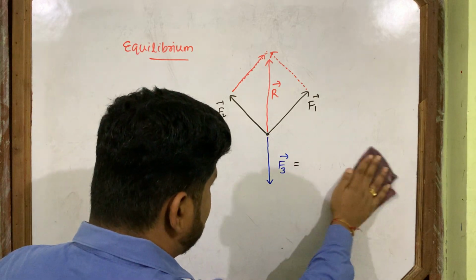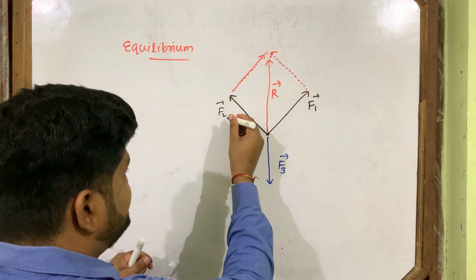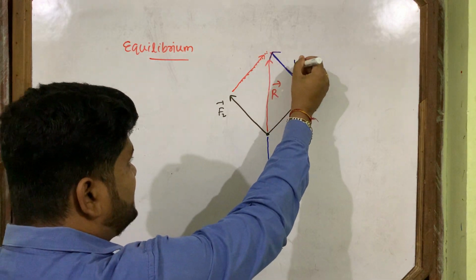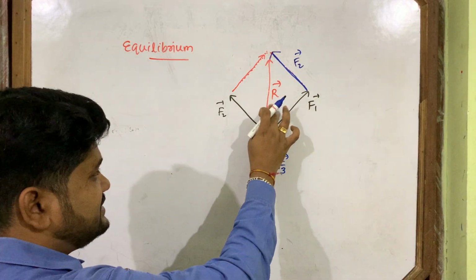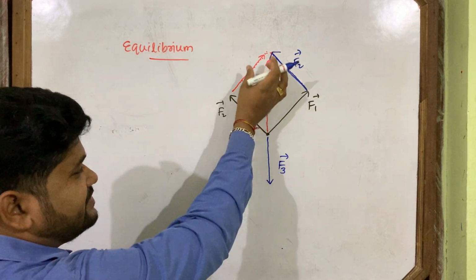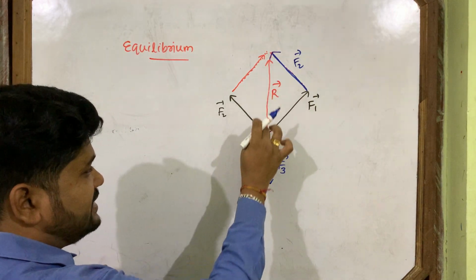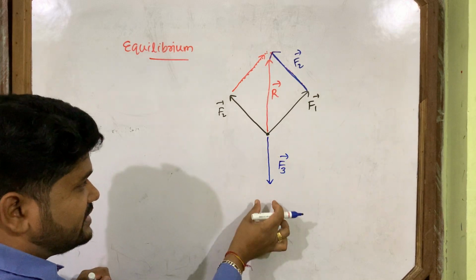Another thing I want to show you here. This is F2 vector, this is F3 vector, this is R vector. Now shift this F3 vector in the backward direction. These two are equal in magnitude, equal length, but the direction will be downward.